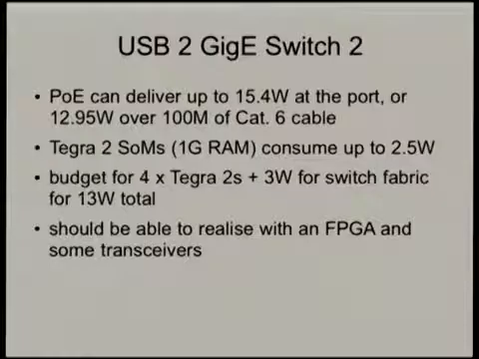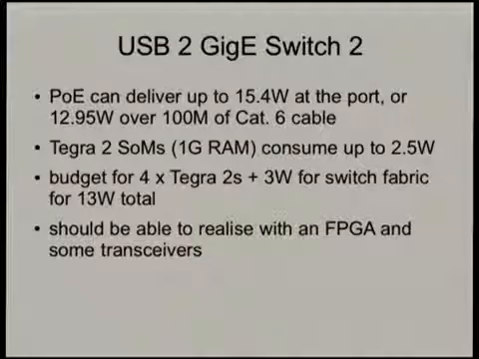The Tegra 2 system on modules that we're looking at, which have a gigabyte of RAM on them, consume 2.5 watts each. So we're budgeting for 4 of those modules for 10 watts, and then there's between 3 and 5 watts left over for the switch fabric, which would be the gigabit network port itself, which is actually quite power hungry.